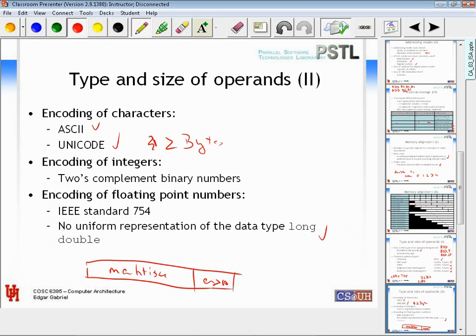Neither operations on long doubles are defined, nor the bit representation. And if you look around on different architectures such as Intel Pentium or Intel Itanium or IBM PowerPC processors, they do have in fact very different representations for long doubles.